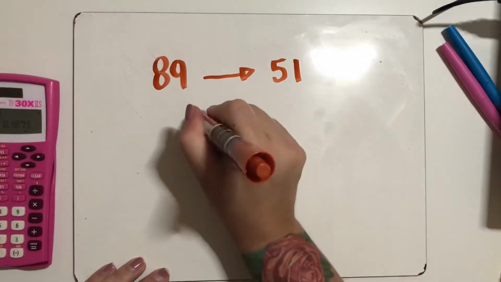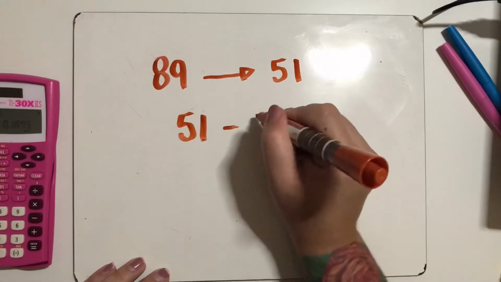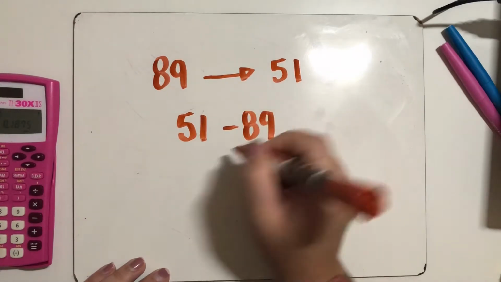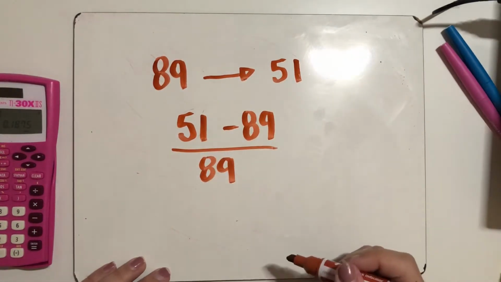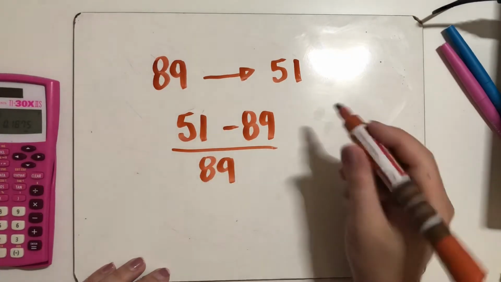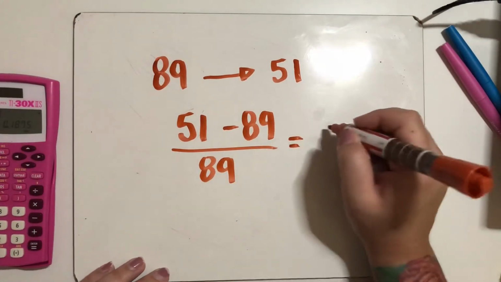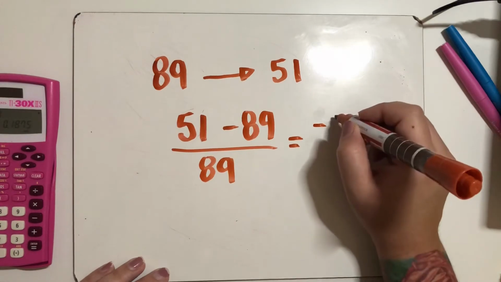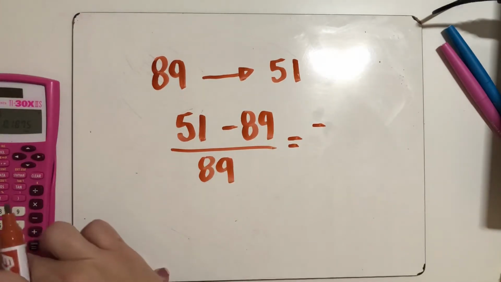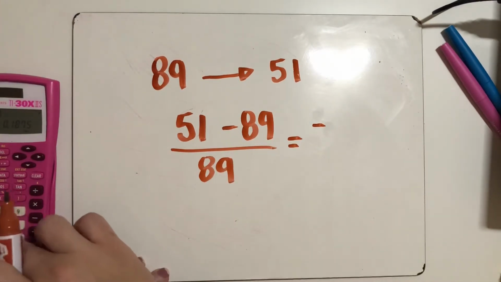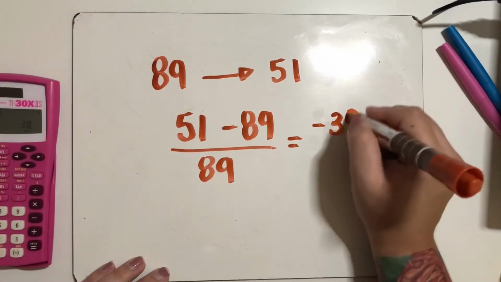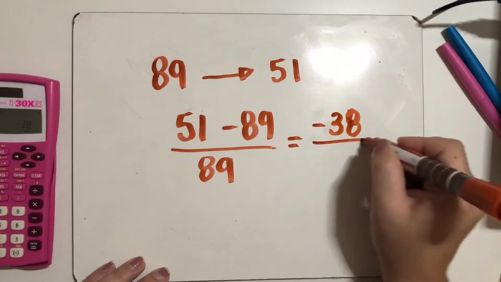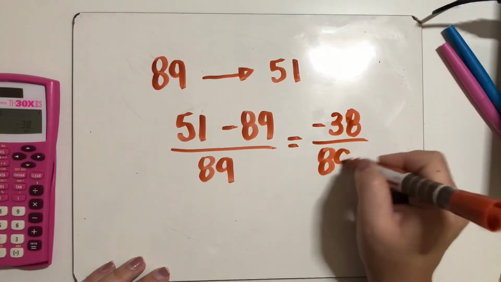So I'm going to take that new minus my old, and divide by my old. When I do 51 minus 89, I'm going to get negative 38. And then I'm going to divide that by the original 89.